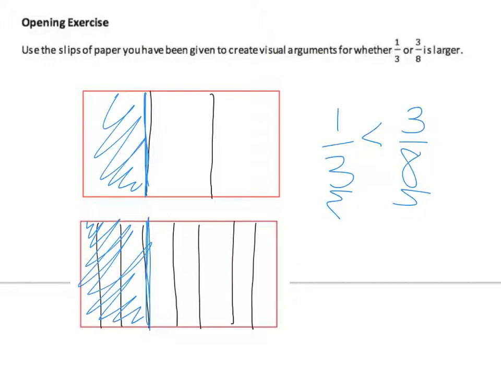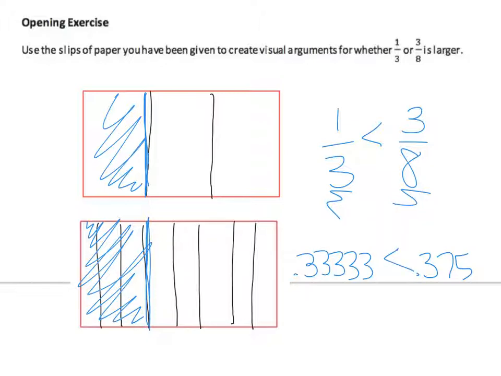The other thing I could do is change each one into a decimal. 1/3 is the same as 0.33333 repeating, and 3/8 is the same as 0.375. So that'll help us see which one is smaller.